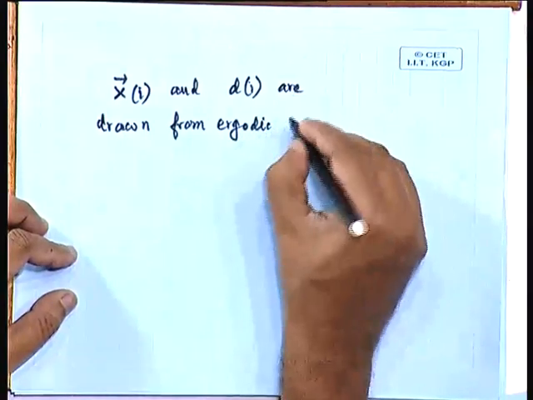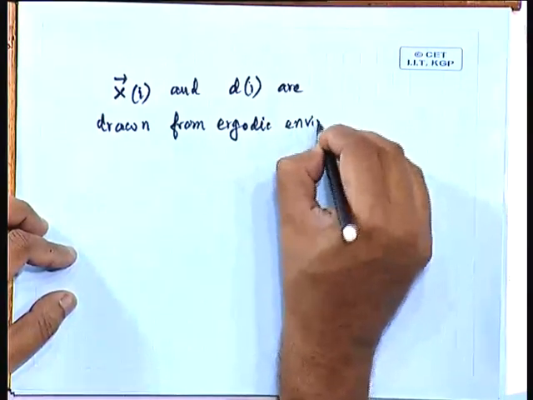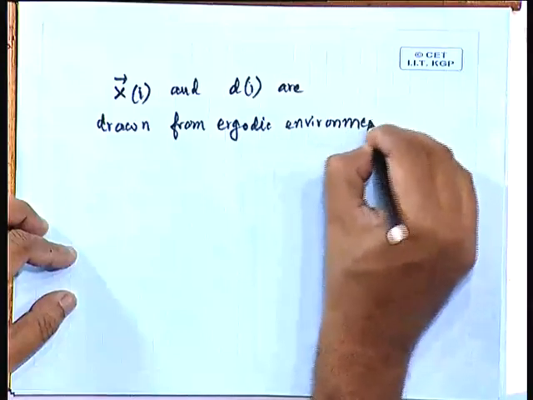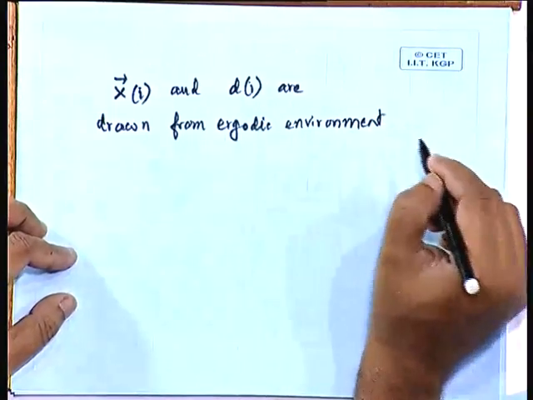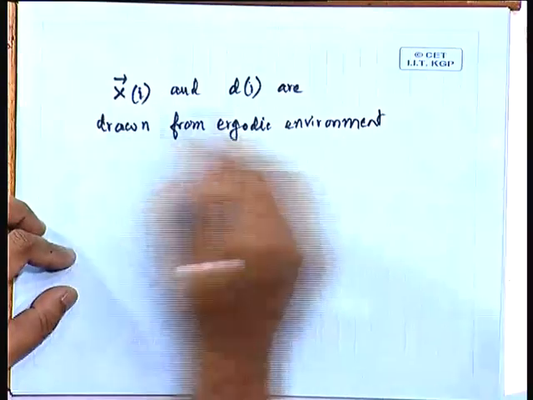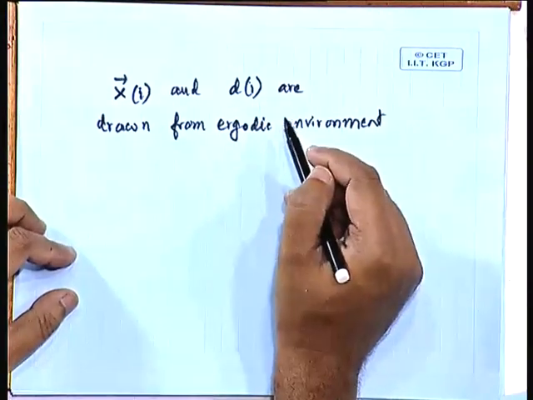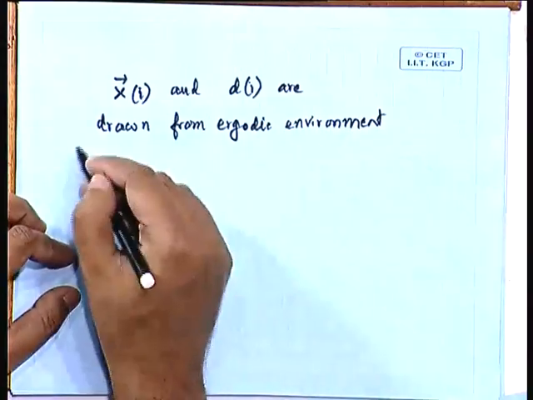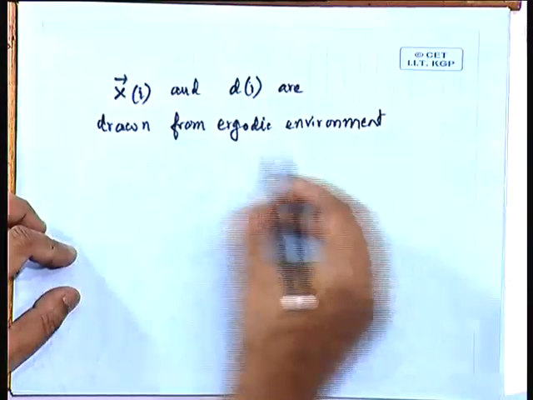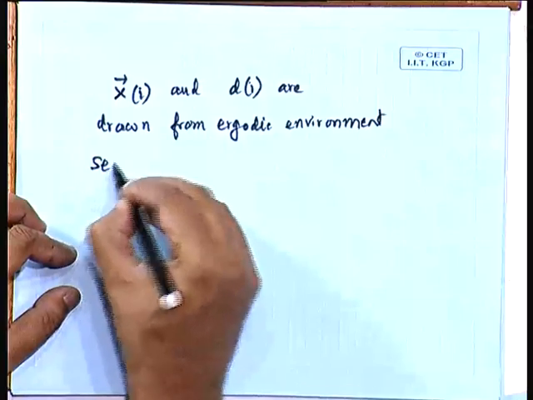That means whatever expectations we get should be derivable from this sample function itself, the xi, di sample function. Now, this kind of environment is actually described by second order statistics.